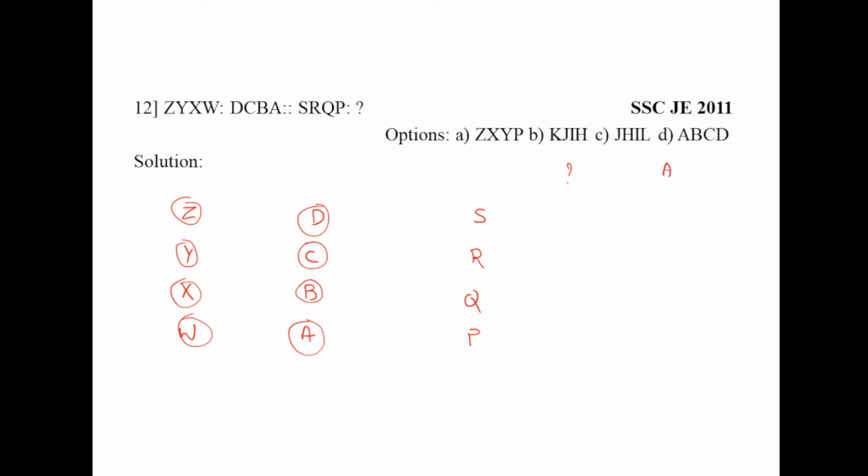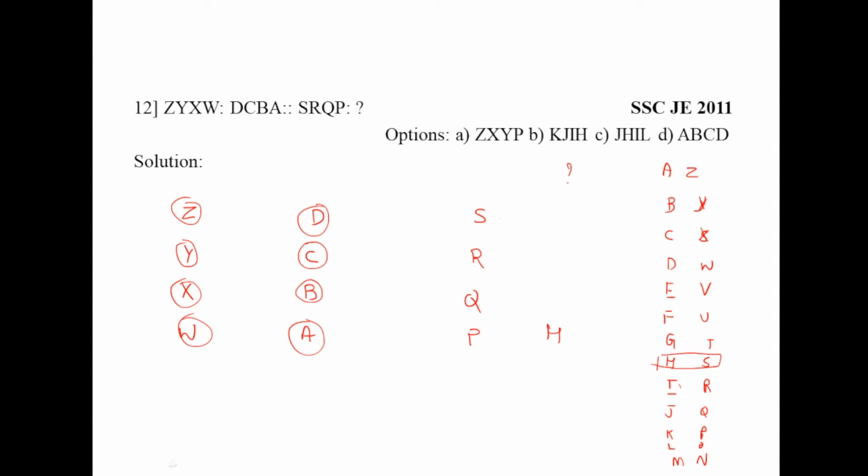A Z, B Y, C X, D W, E V, F U, G T, H S, I R, J Q, K P, L O, M N. For S it is H, right? So is there an option which starts with H for S? Yes.